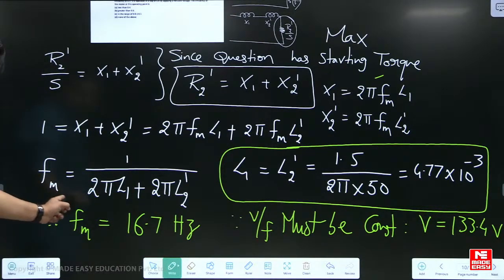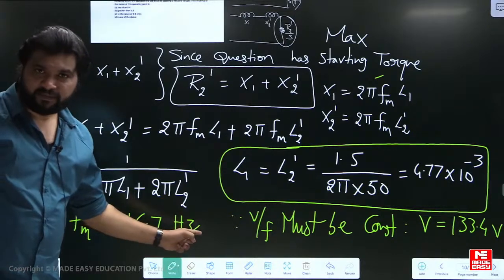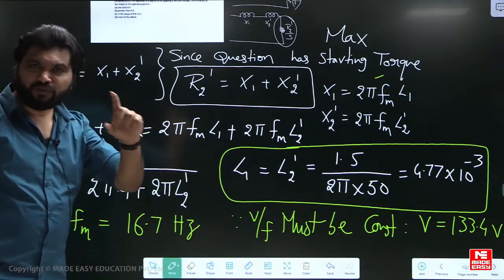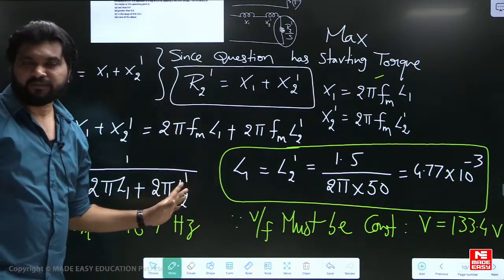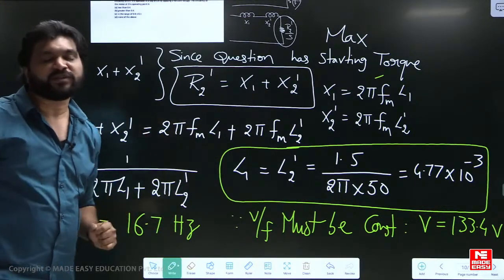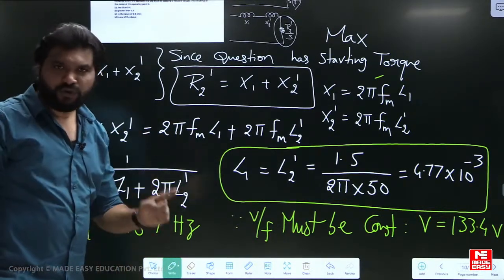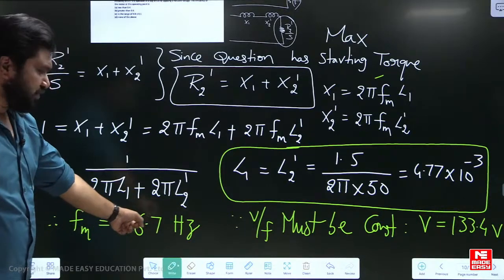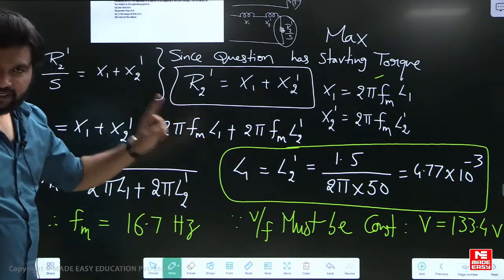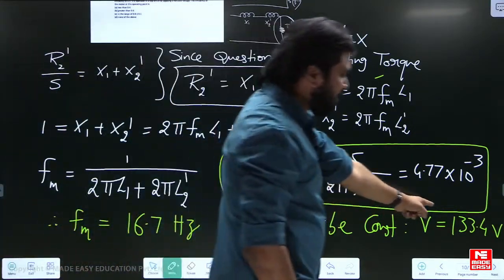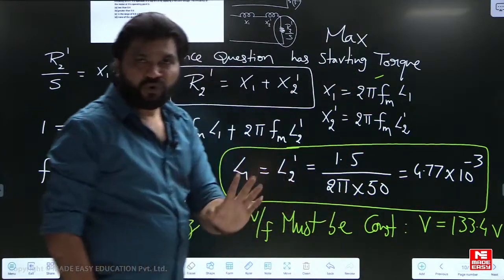If the frequency is 16.7 hertz, the V by F ratio must be maintained constant in order to keep Bmax constant, otherwise saturation issues will come. So if frequency is reduced to 16.7 hertz, voltage must automatically be reduced to 133.4 volts.